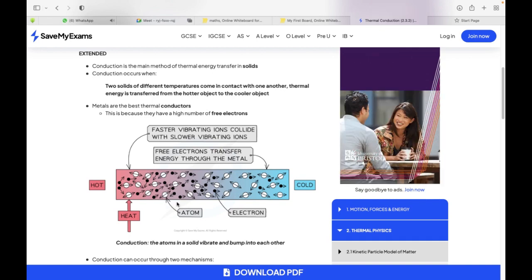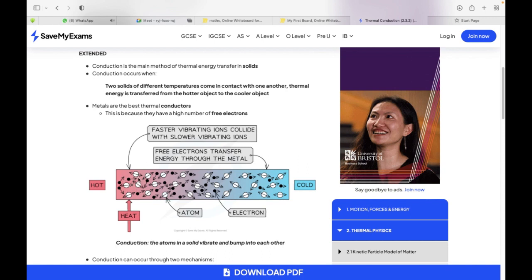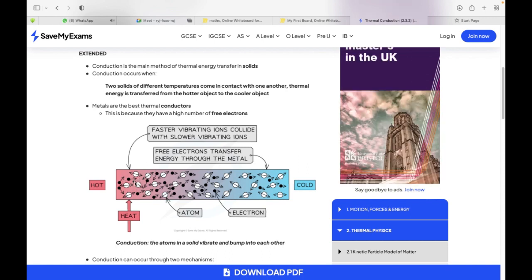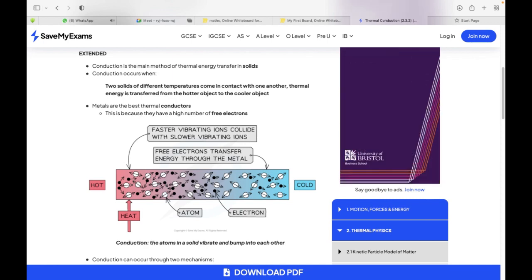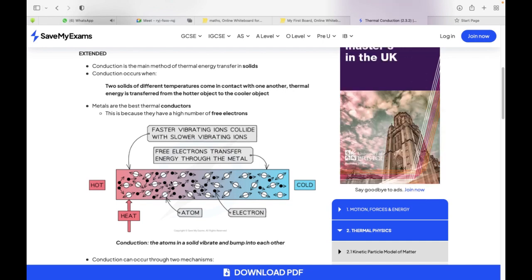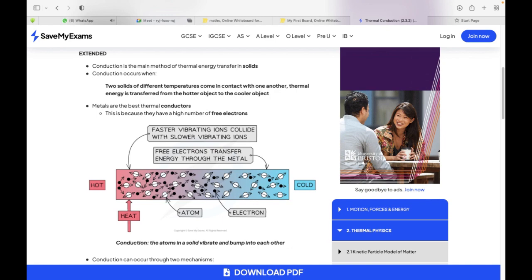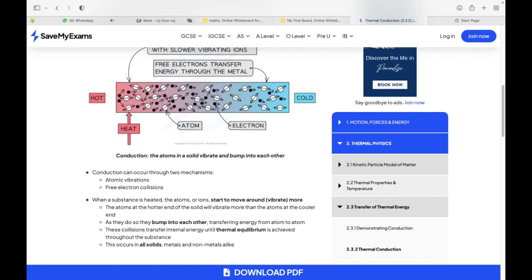So when heat energy is supplied, the atoms vibrate and pass the energy from one part to the other. How? With the help of the electrons. As they vibrate, the electron helps to carry the heat and give it to the next atom, and then that vibrates and gives it to the next atom, and like that the heat begins to spread from the hot part to the cold part.